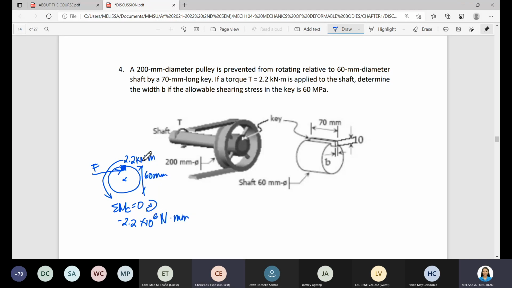Kilonewton is times 10 raised to 3, and meter to millimeter is times 10 raised to 3, so we have times 10 raised to 6.